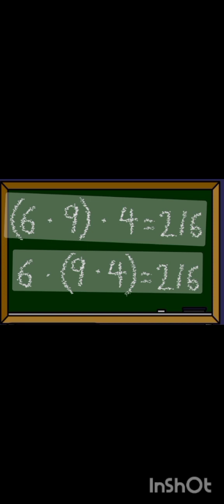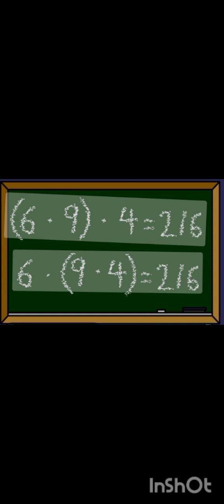And when we go 6 times 9 is equal to 54, then we could say 54 times 4 is equal to 216.